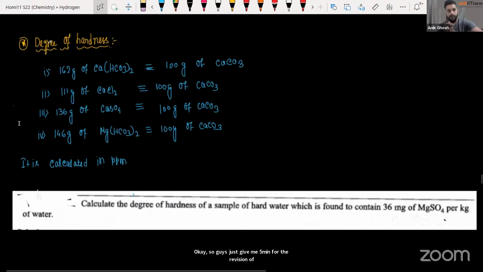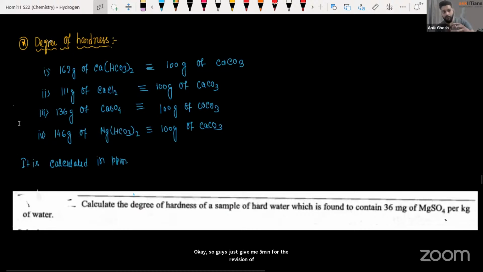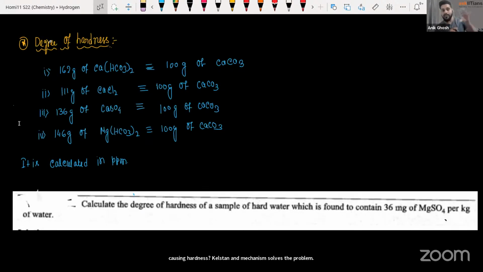So what is the degree of hardness, guys? It's the amount of hardness present in water. Now, who is causing hardness? Calcium and magnesium salts are causing hardness. So in a way, we are trying to figure out how much calcium and magnesium salts are present in water. Simple question.